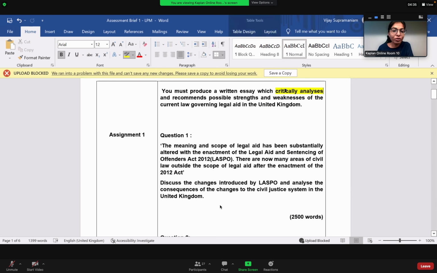What is the meaning of critically analyze? It means that your arguments must be evaluative. You have to analyze the current position of the law. Not only must you analyze the current position of the law, you also have to propose recommendations.